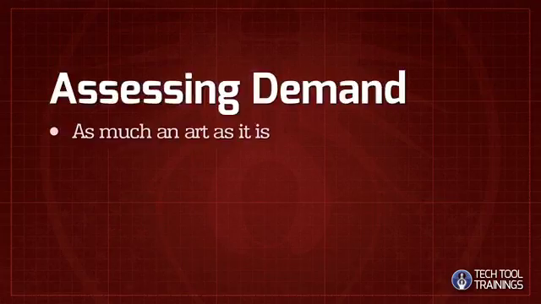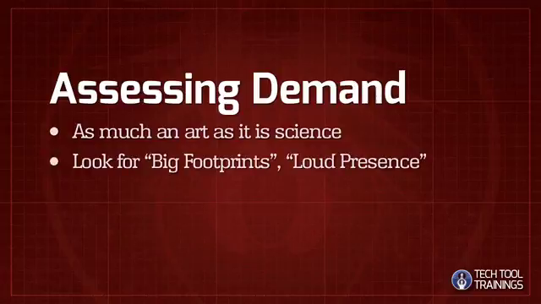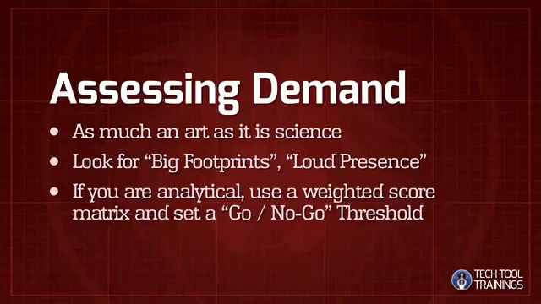So again, this is really as much an art as it is a science. Just look for the big footprints, for loud presence, lots of blogs, lots of boards, lots of activity, lots of advertisers. The more you have, the better. Now, if you're an analytical type, then you could create a weighted score matrix. Like you could say Google Insights and then rate it from 1 to 5, and you could say forums, and then list all the forums that you found there and rate those from 1 to 5.